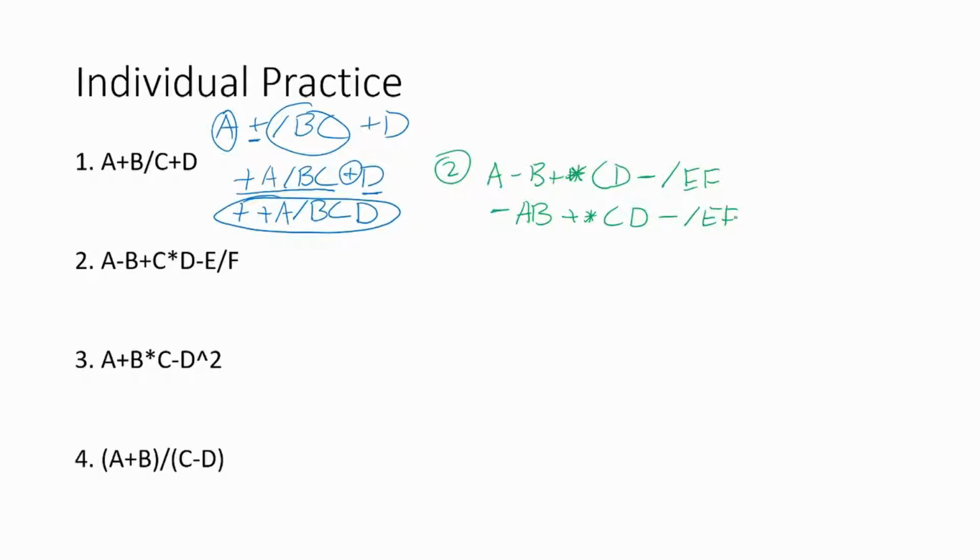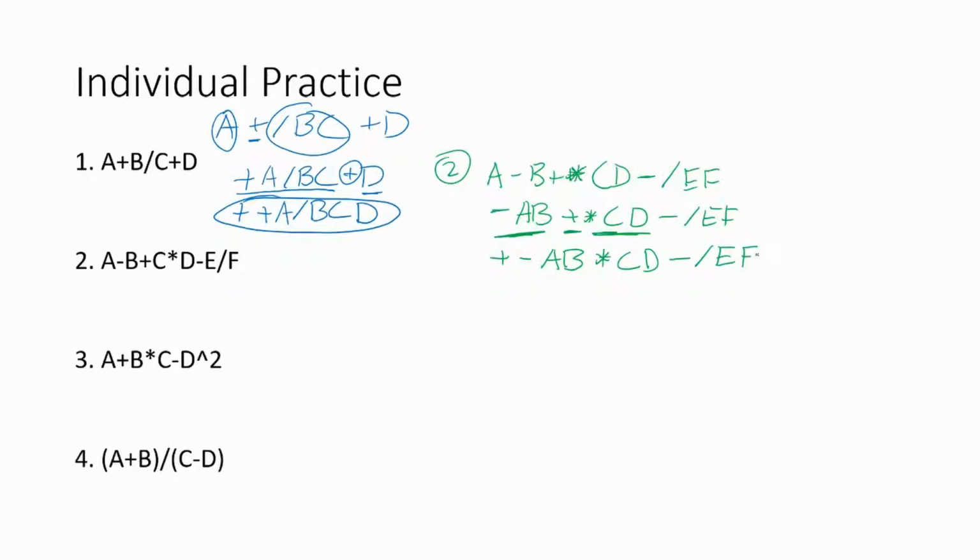Alright, now I have this addition symbol right here, and I have my first operand, minus AB, and my second operand, so let's convert that: plus, minus AB, multiply CD, minus division EF.